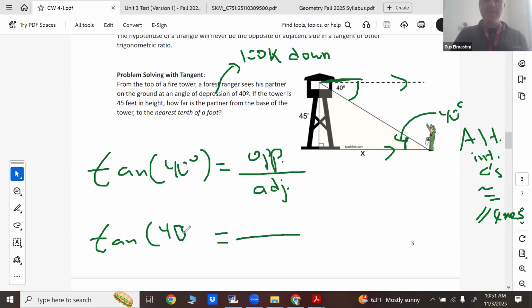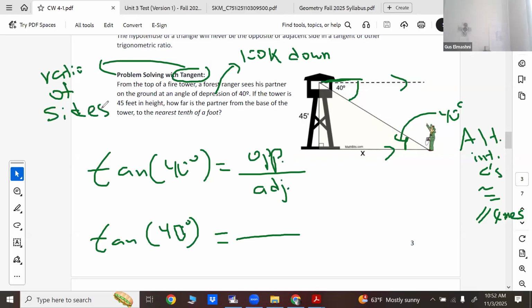Correct, right? Because all trig ever is, just so you know, is a ratio of sides. That's all it ever is. People think trig is so hard, blah blah blah. Well, it can be hard actually. I gotta be honest, it can be hard. But right now we do it pretty easy. Just a ratio of sides.